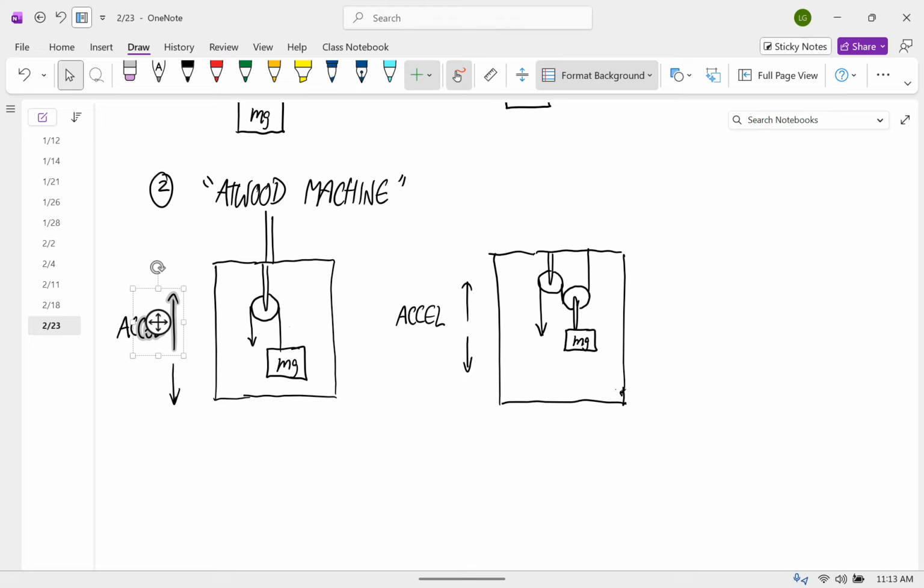So if this elevator is accelerating up, it's going to behave exactly as if gravity was a little stronger than it is. And if it's accelerating down, it's going to behave exactly like gravity was a little weaker than it is. It's the same thing.